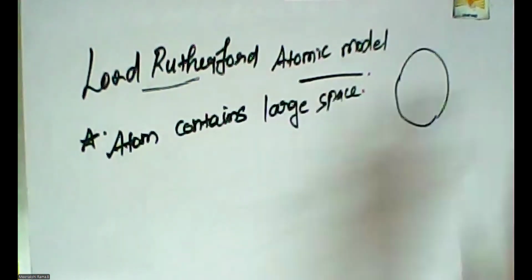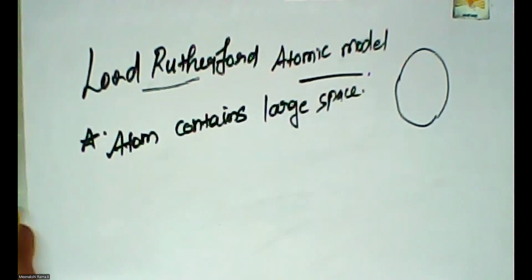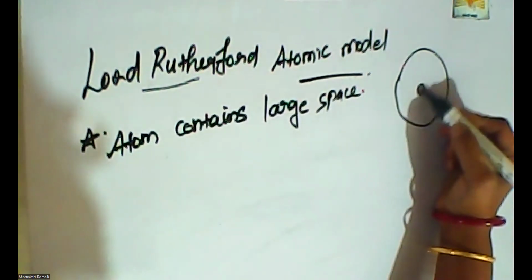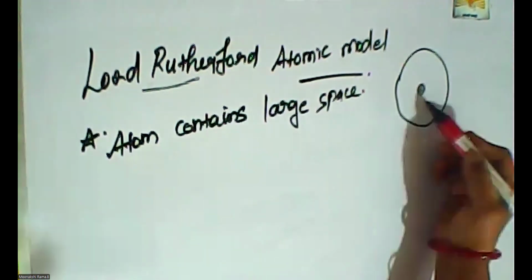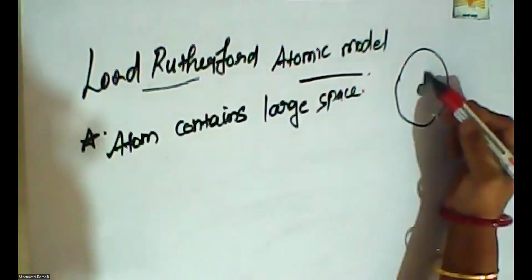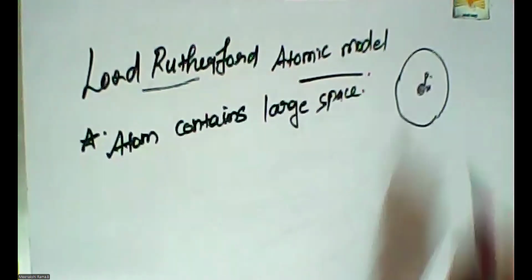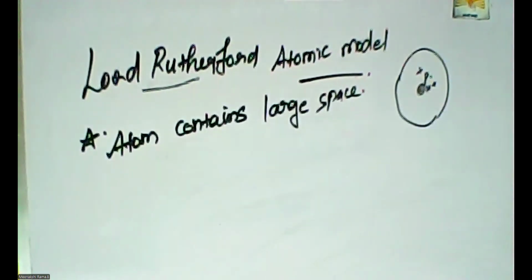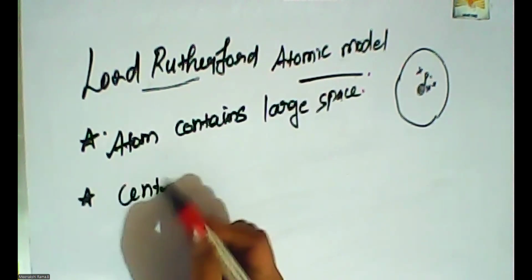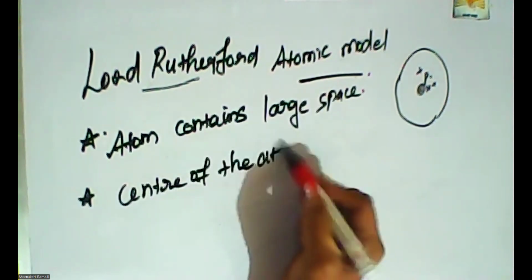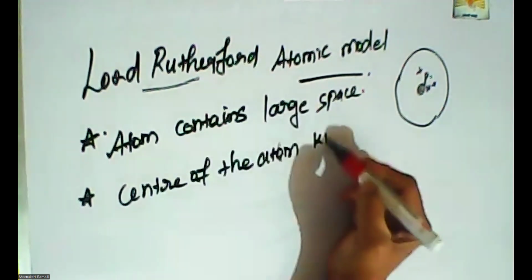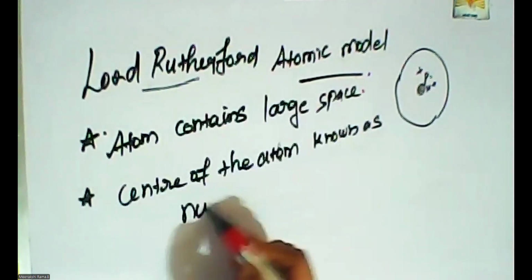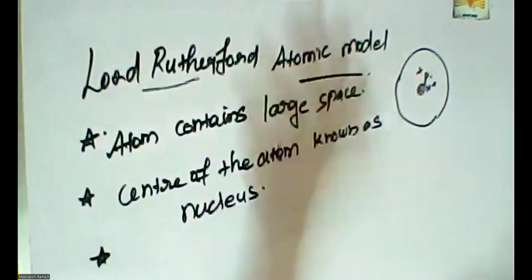And then the positively charged mass at the center of the atom is known as the nucleus. This is positive because the center part of the atom contains protons and neutrons. Protons and neutrons are always positively charged only. This is the second point of the Rutherford atomic model: the center of the atom is known as the nucleus.